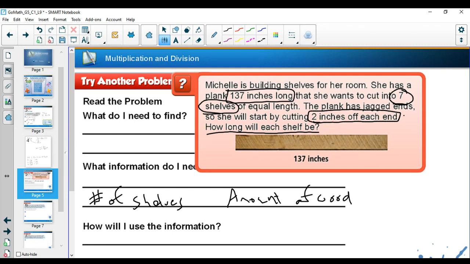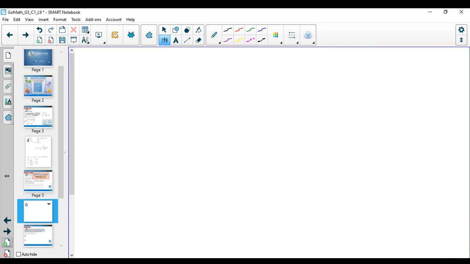So she's not going to use all 137 inches. She's going to get rid of some of it. So we need to figure out how we are going to use this information. Well, if we're getting rid of something, we're not using it, then that sounds like subtraction to me. So let's go ahead and put this on a new page.